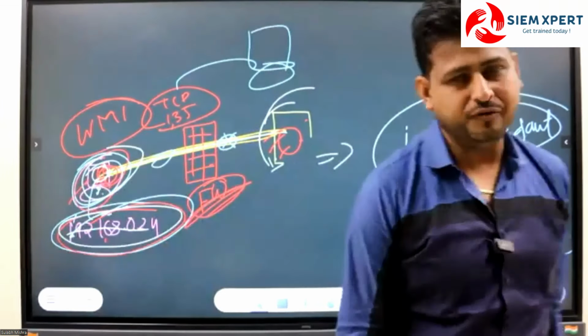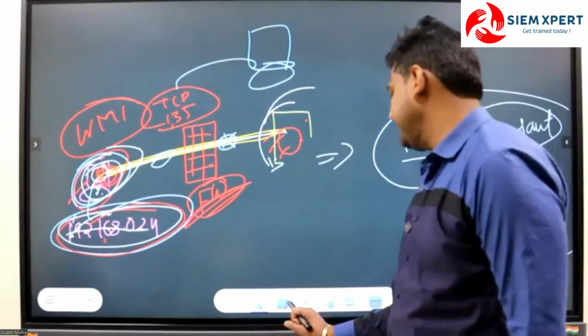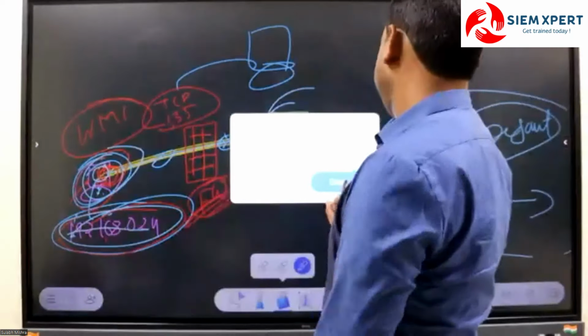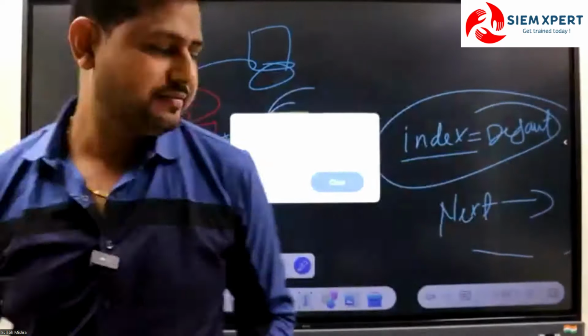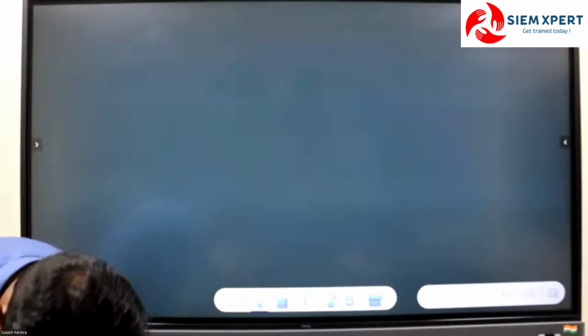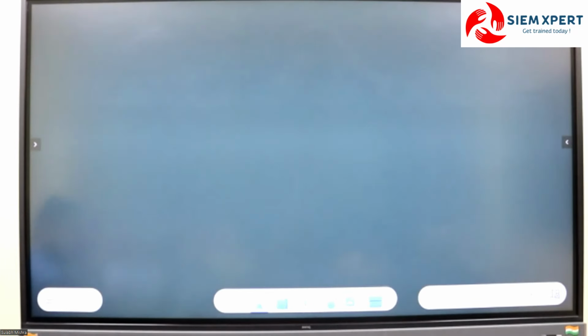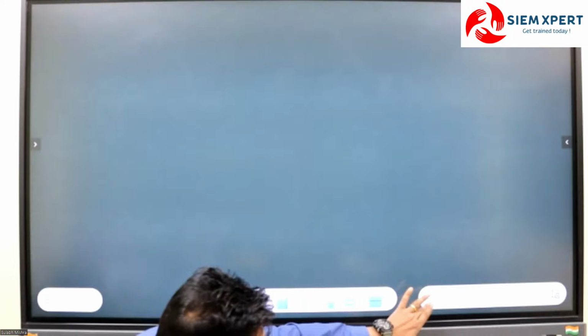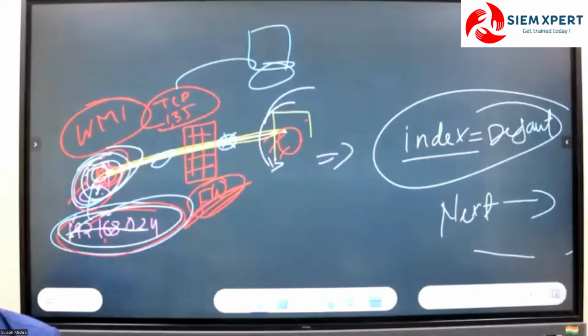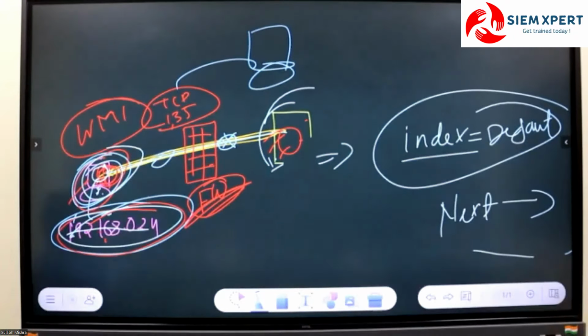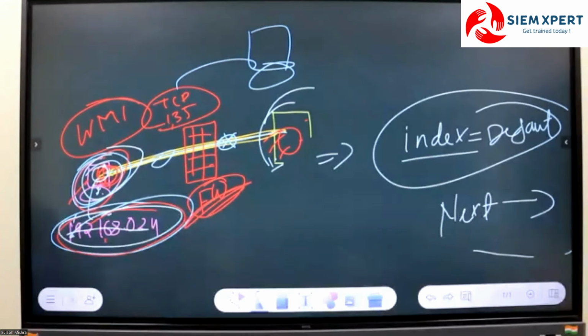Before doing this, let me explain one more thing. Okay, let's write first. Which number step is it? 6th.